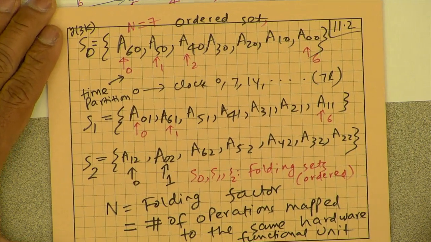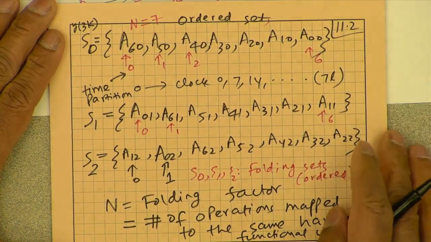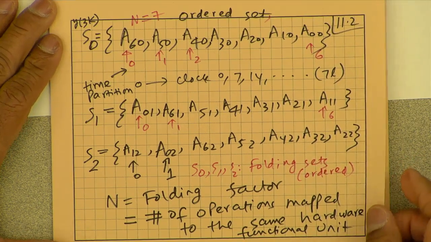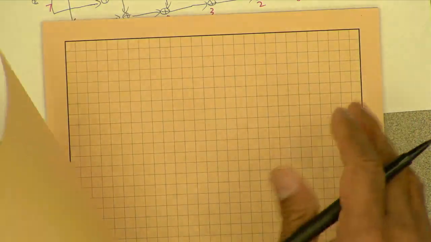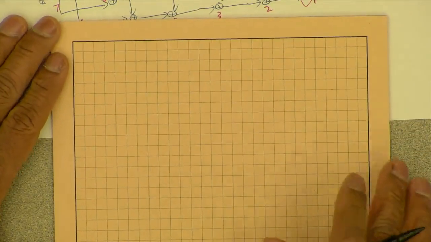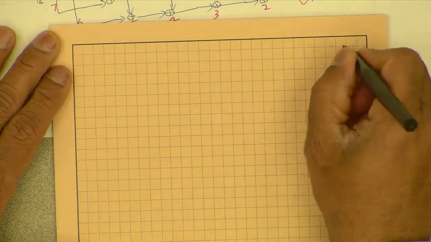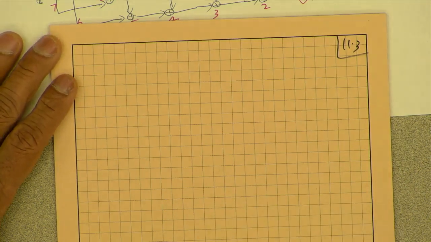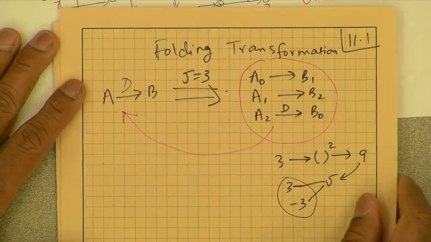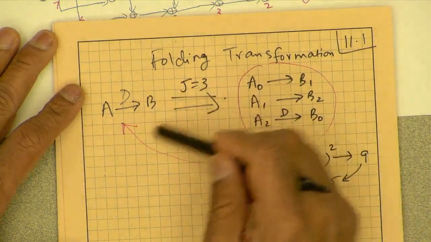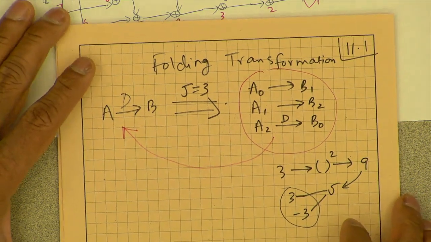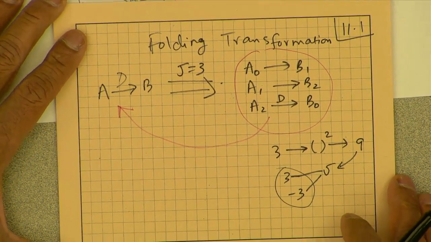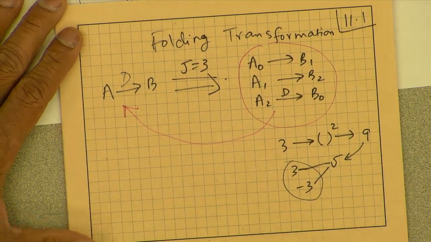Okay, I am still trying to introduce terminologies so that we can formally derive the folding algorithm. Even though I described the folding as inspired by undoing the process of unfolding, in fact it is a very powerful and general technique for mapping algorithm operations to data flow architectures.